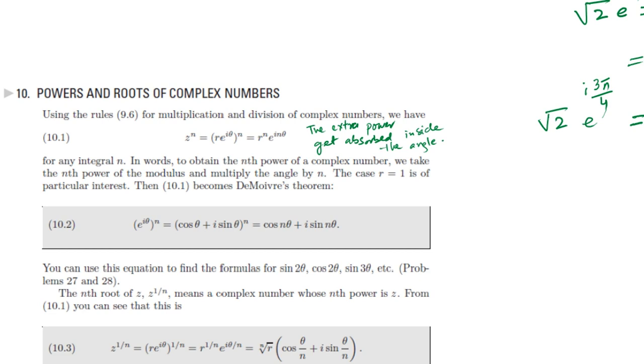So you see on screen that you have z to the power n.